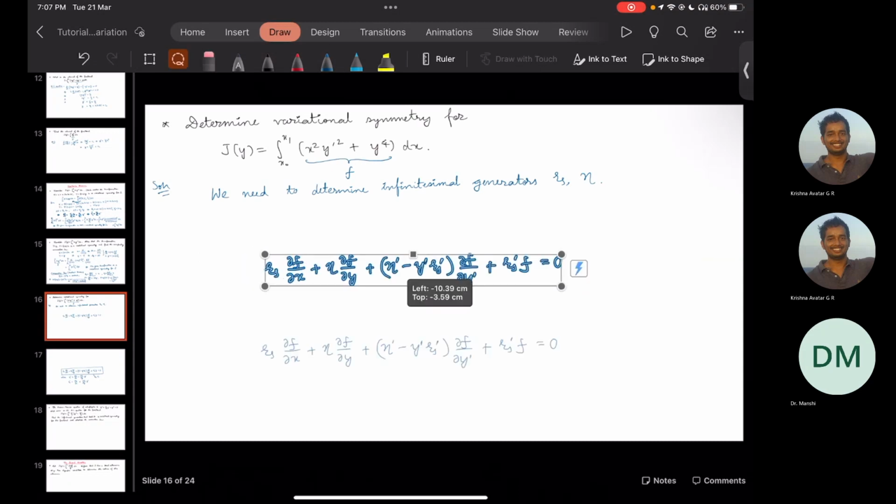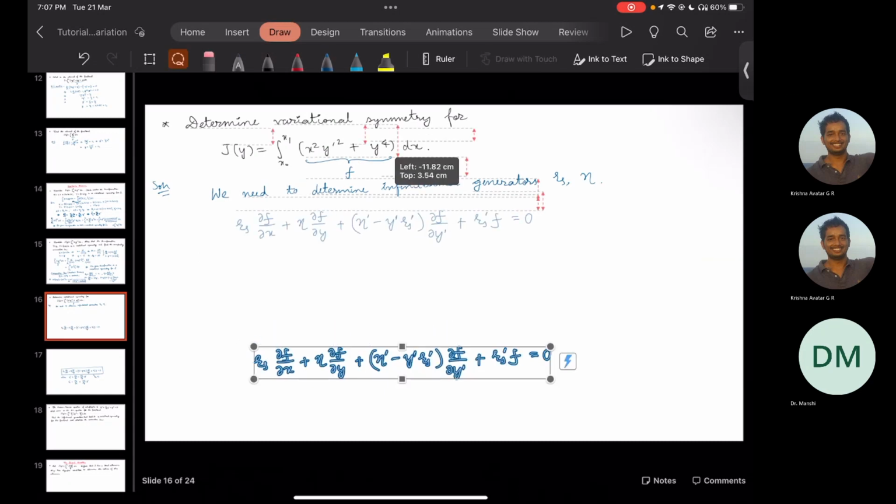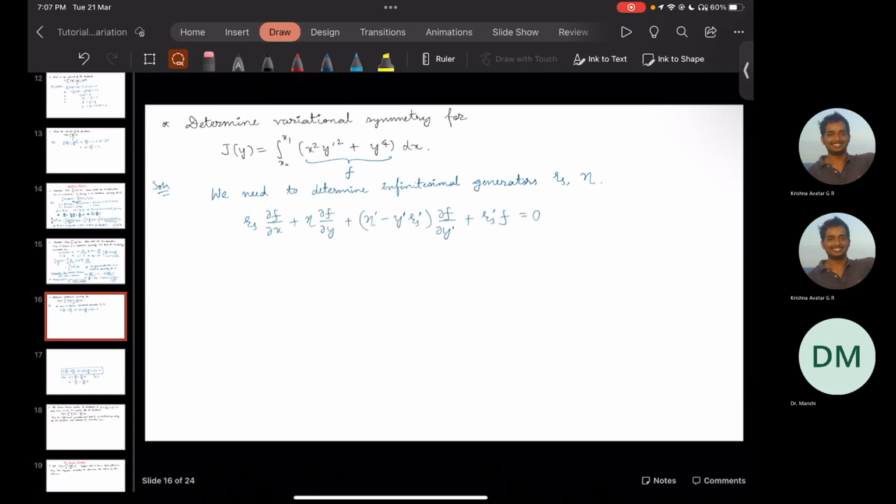Okay. So first of all, what do we require first? First we require partial f with respect to partial x, right? Now partial f over partial x is 2xy prime squared.